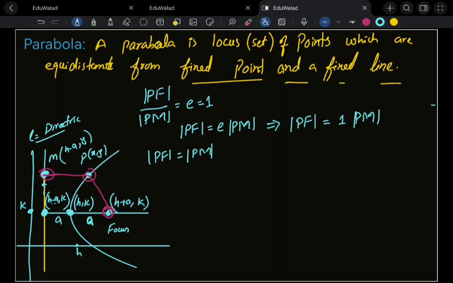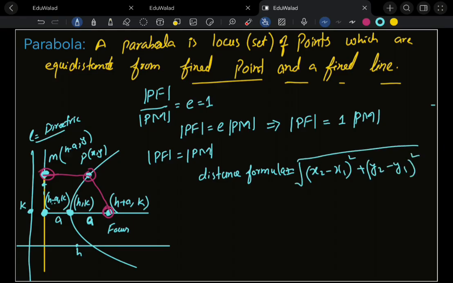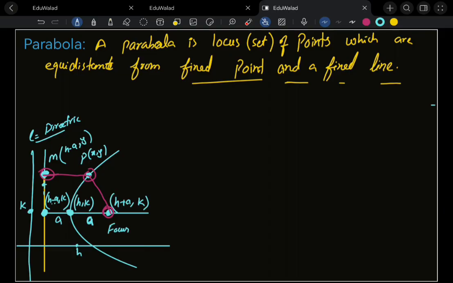So let's discuss the distance formula as well. Distance formula equals the square root of x2 minus x1 squared plus y2 minus y1 squared. Now we have the absolute value of PF equals PM.